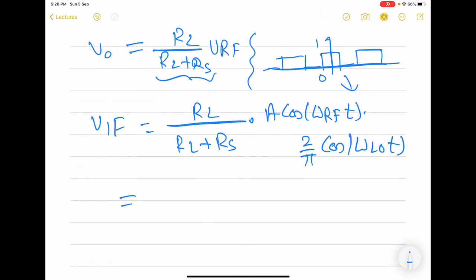So when you expand this, so what we will get is RL plus RS into A by pi.